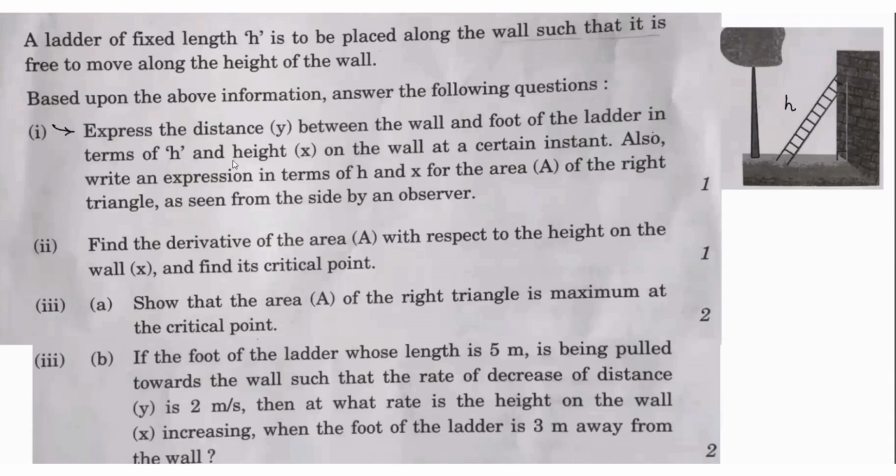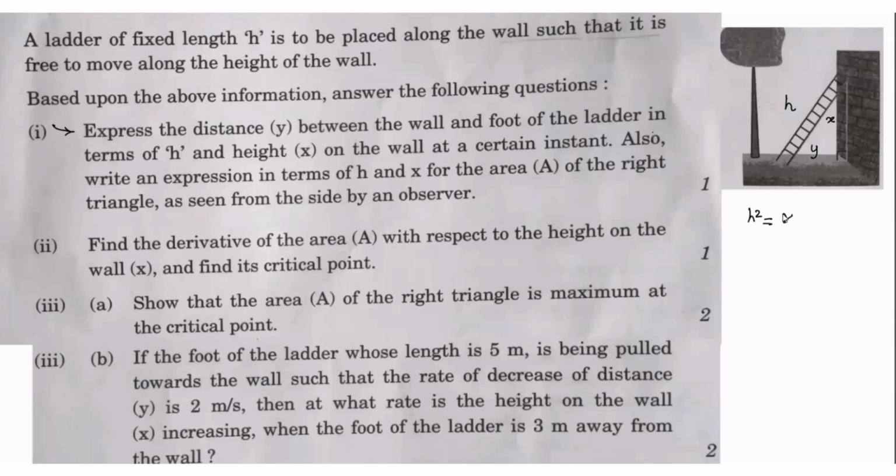The first question asks us to assume the distance between the wall and the foot of the ladder to be y and the height on the wall to be x. So we need to find the distance y in terms of x and h. We can use Pythagoras theorem for this. h is the hypotenuse, which is the ladder's length.